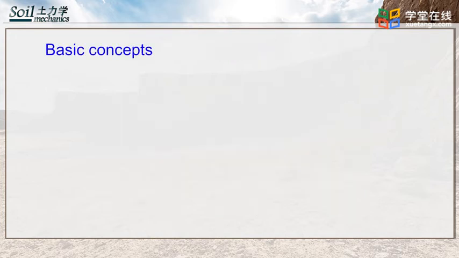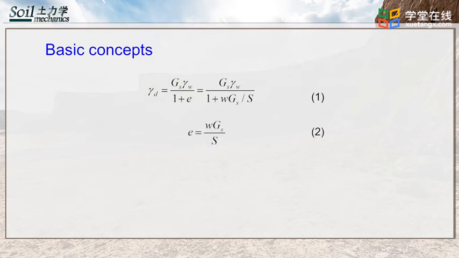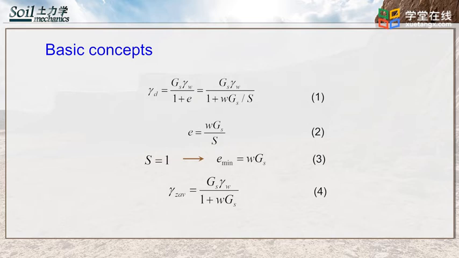The compaction degree of a soil is measured in terms of its dry unit weight, gamma d. That is the mass of solids per unit volume of soil. From the previous section, we know that the dry unit weight can be expressed in many ways as presented in these slides.